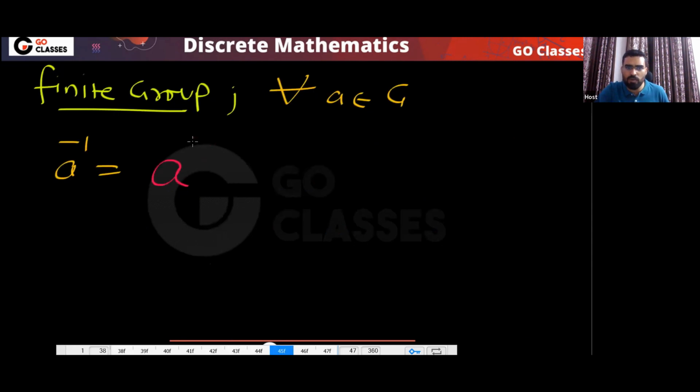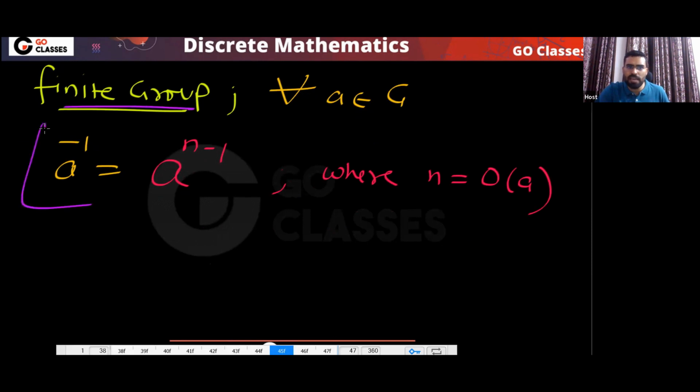And what will that positive power be? That positive power will be n minus 1, where n is the order of A. So this is the idea, very simple. Remember, for a finite group, A inverse is equal to A power n minus 1, where n is the order of A.